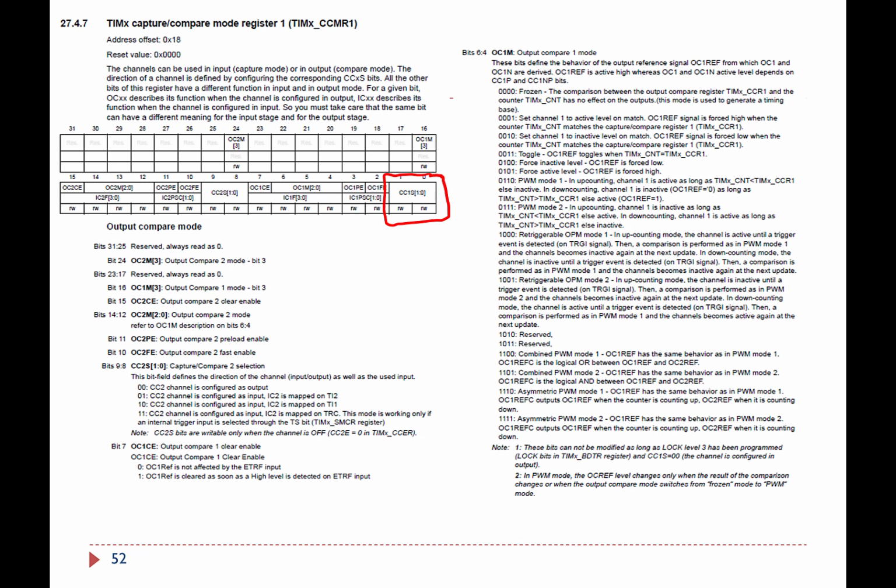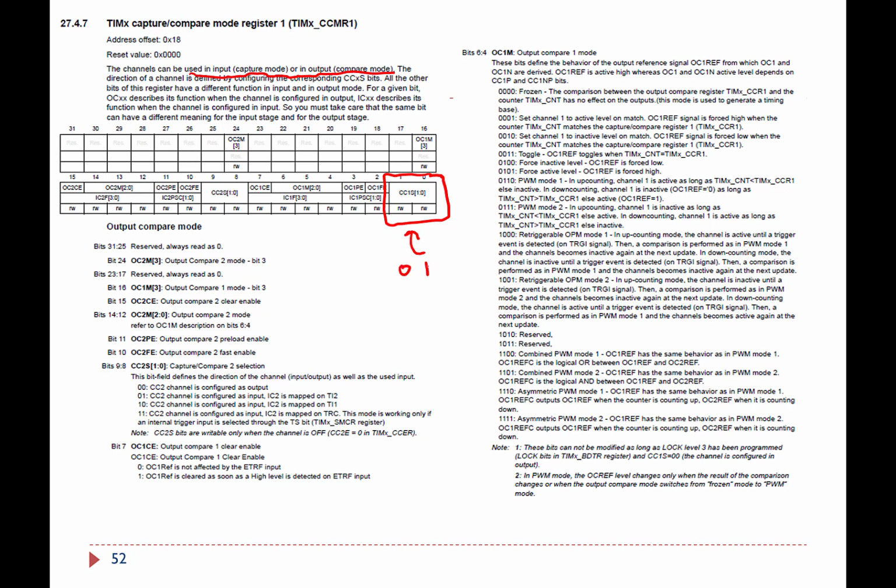You can see here this timer capture compare mode register. We're trying to set the CC1S bits, which basically tell you whether you're using this in input capture or output compare mode. Okay, so these 2 bits, if you look at the bit patterns, 0, 1.